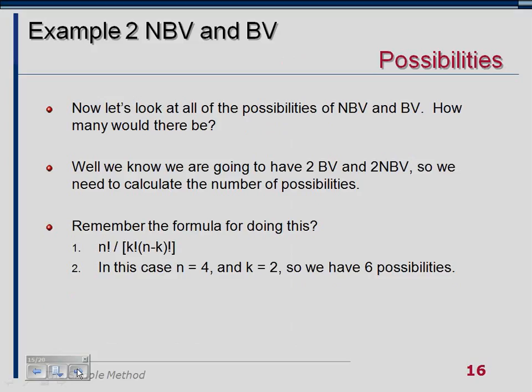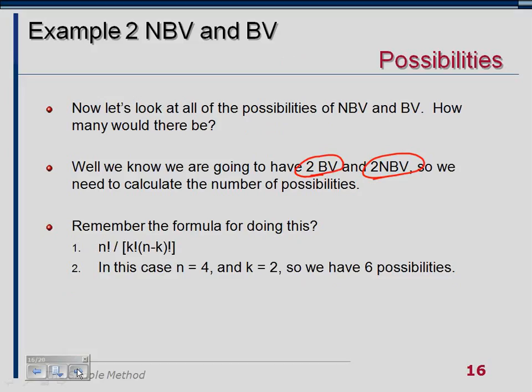So let's look at all the possibilities of our non-basic and basic variables. How many would there be? Well, we have two basic variables, and we have two non-basic variables, because remember the equation is n minus m, where n is the number of variables and m is the number of equations.